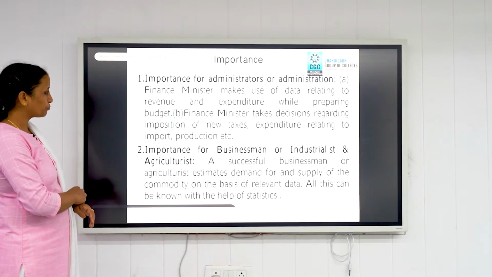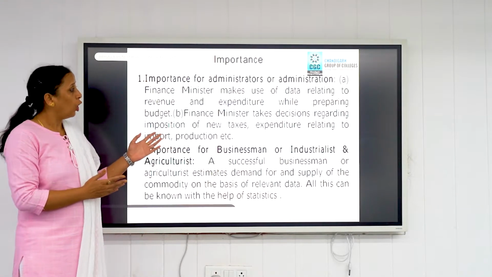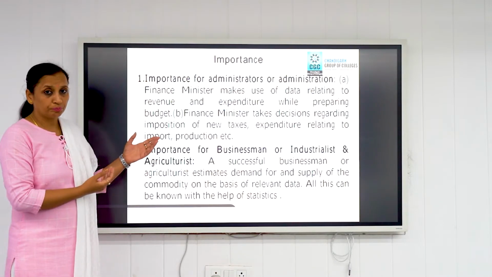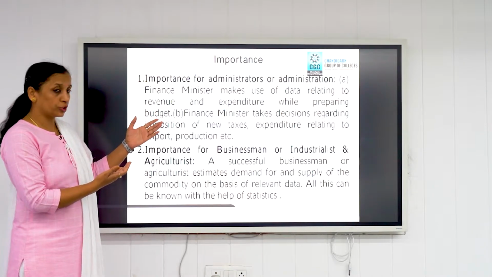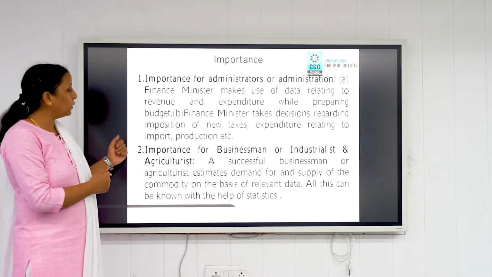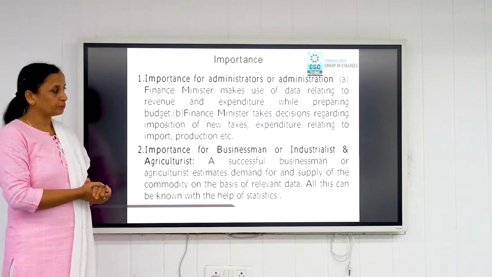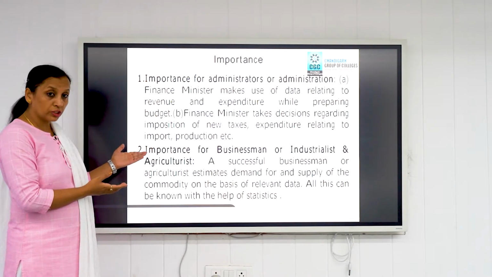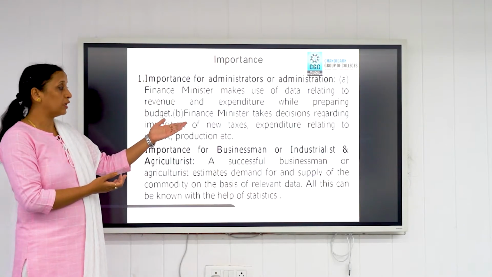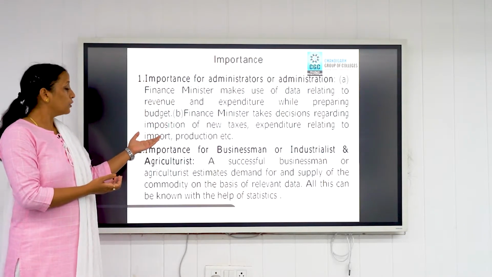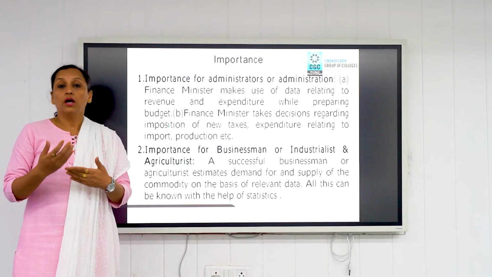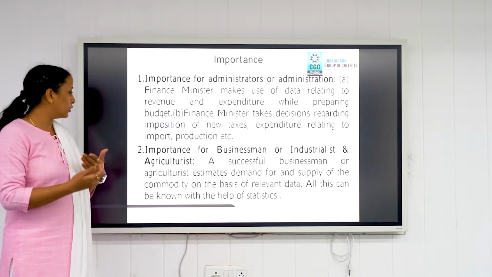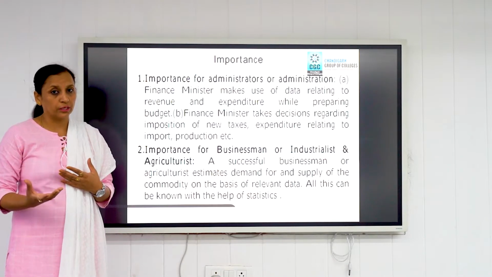The first one is the importance for the administrator or administration purpose. I am going to express it with the help of an example. The finance minister makes use of data related to revenue and expenditure while preparing the budget, and similarly takes decisions regarding imposing different kinds of new tax schemes, expenditure schemes, import schemes, production schemes, and so on.